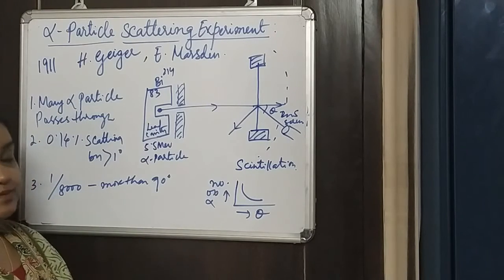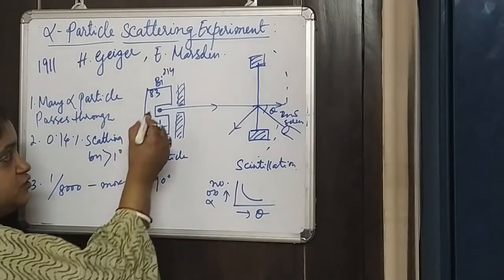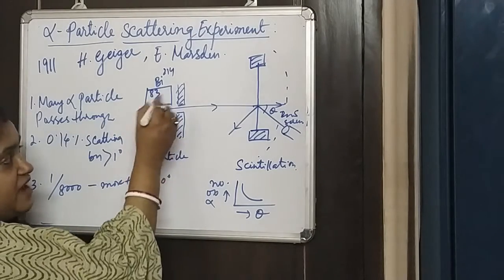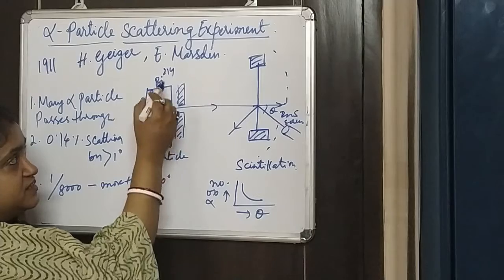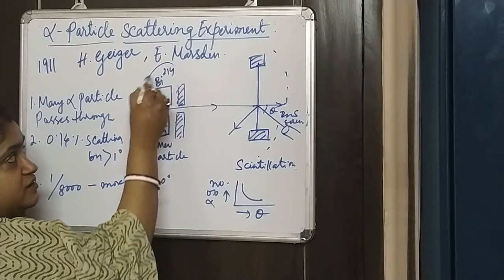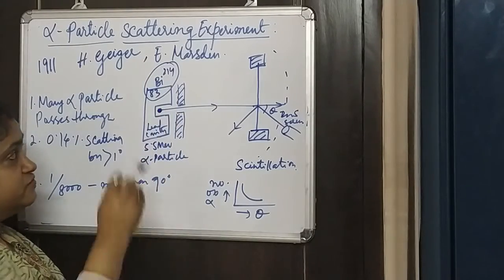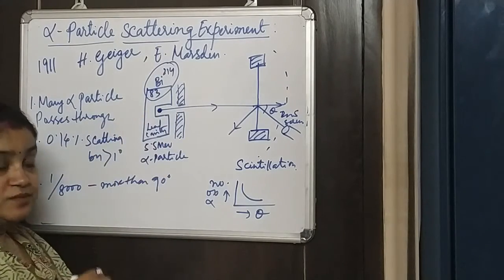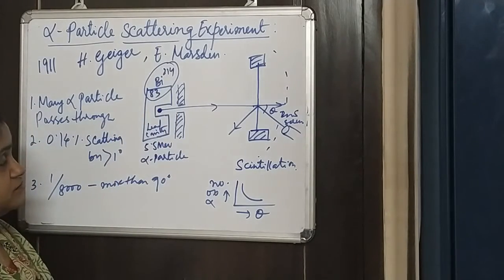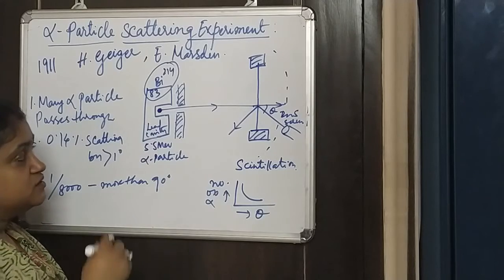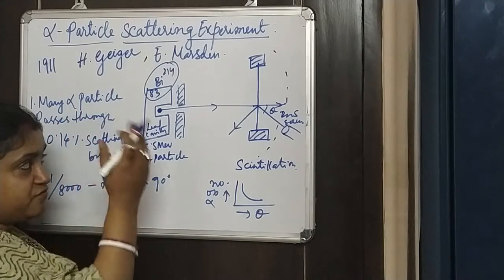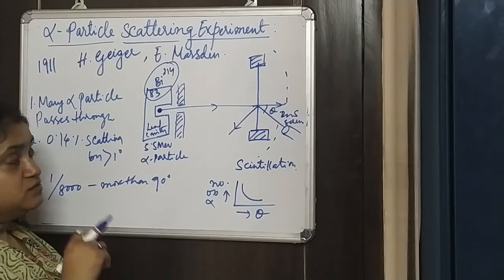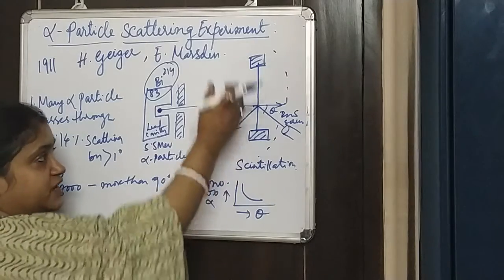Coming to the experiment part, here you see this is a lead cavity. Inside the cavity there is a source where bismuth-214 (atomic number 83) is kept, and the alpha particles are then bombarded onto the gold foil.